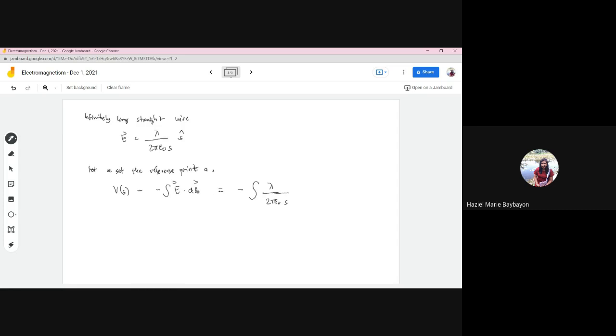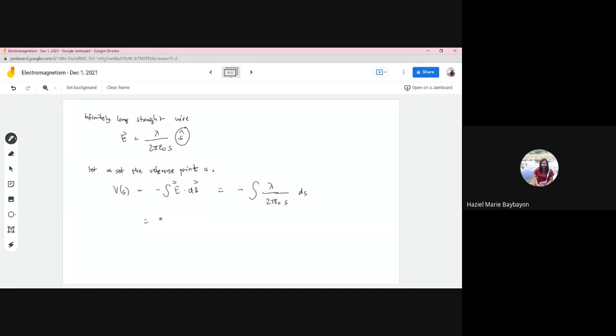Ang ato pong dl class, di ba na tulo ka component sa dl, ds s hat, d phi phi hat, and then dz z hat. So since our electric field is along the s hat direction, then ang survive diri sa atong dl is ds s hat. Okay, so you have ds here. All right, and then we integrate this in terms of s.